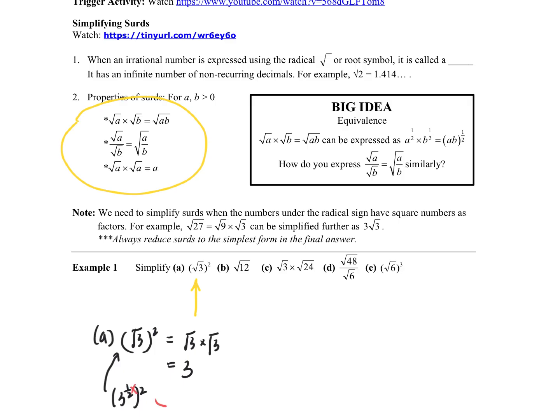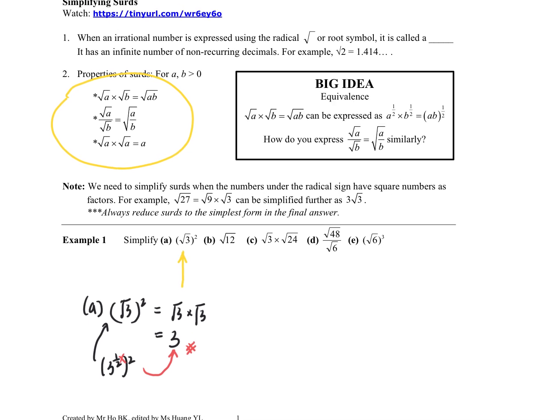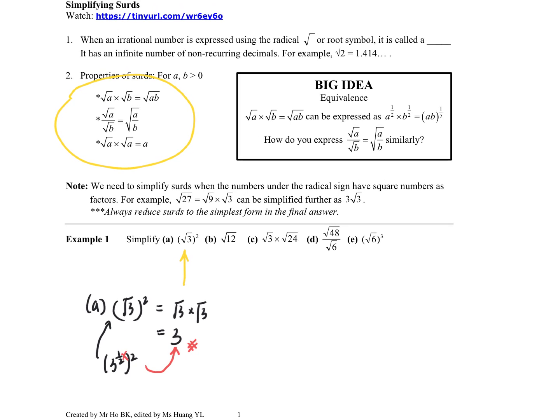So it also gives me 3. Okay? So this is an application. Oh, this one got a blank. It's called a surd. Okay, I missed that out.